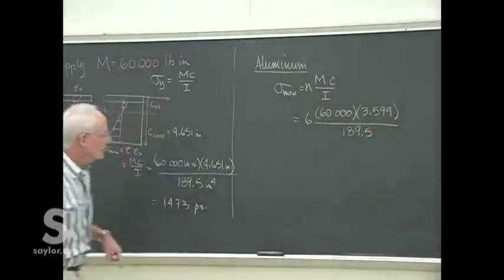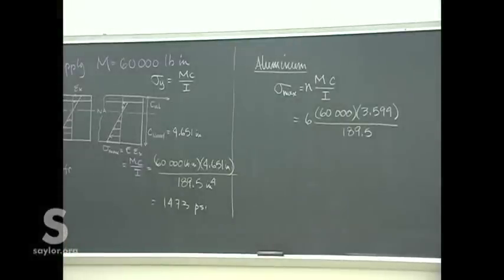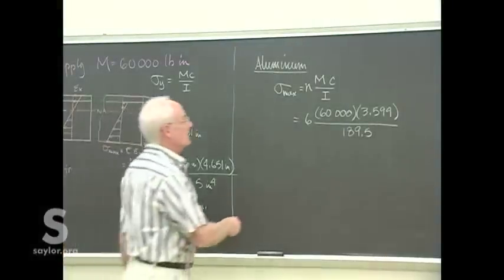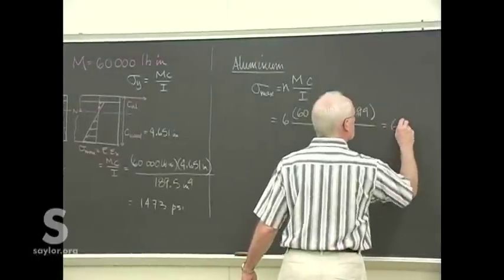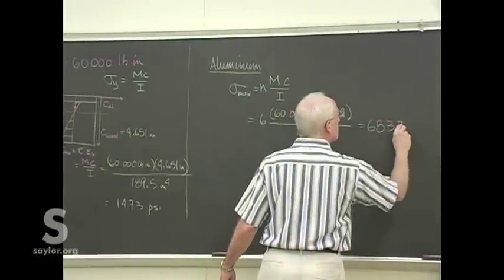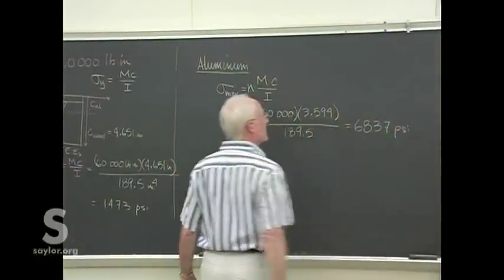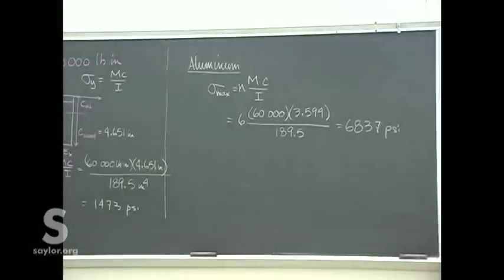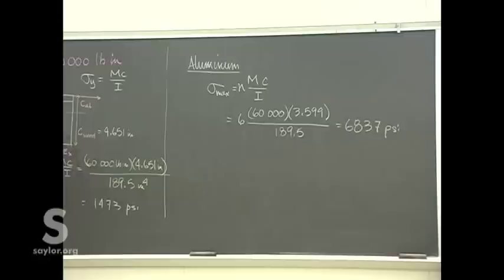And we already know what the units are going to work out to because N is unitless. And we get 6837 PSI, which is 6 times greater than it would have been if that was just a wood piece there.